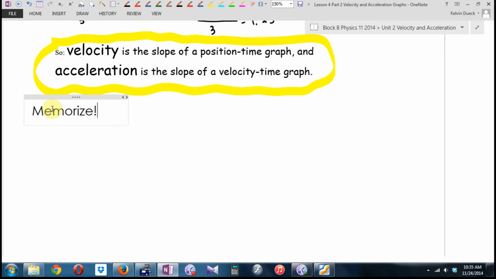You don't need to memorize. If you know slope is what over what? Okay, if you have rise over run memorized, you don't need to memorize the graphs. You can figure it out every time.